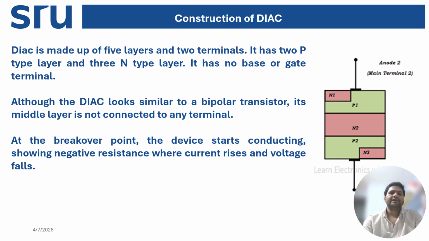The central junction plays the key role in blocking of current until breakover voltage is reached. So the DIAC can be visualized as two diodes connected in anti-parallel configuration. This explains the bidirectional operation.